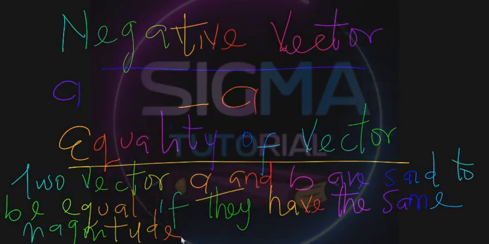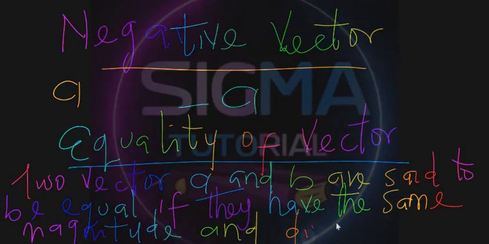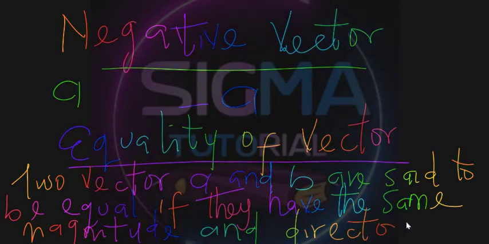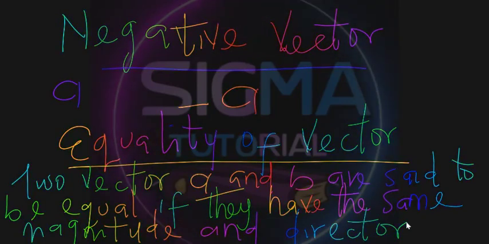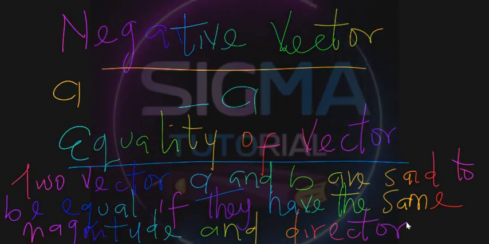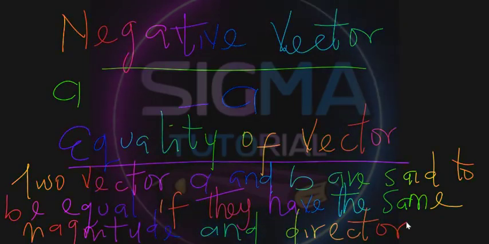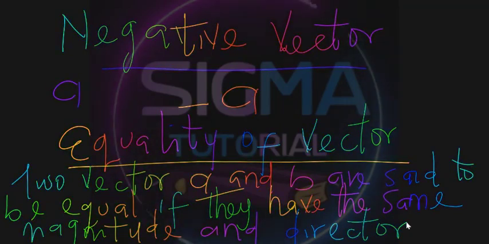That is, if they have the same value and they are moving in the same direction, then we can consider the two vectors as equal vectors. So vectors are said to be equal if they have the same magnitude and the same direction.